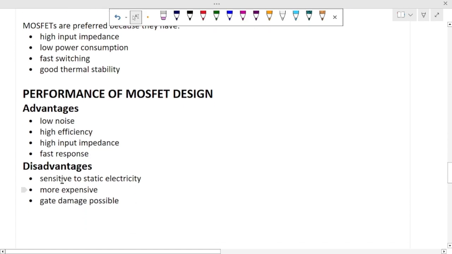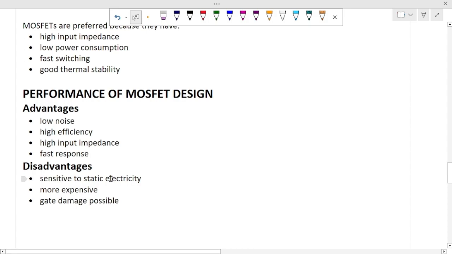For the disadvantage, it is sensitive to static electricity. So that means it can lead to maybe possible misinterpretation of signal, or distortion of signal, because it is sensitive to what?